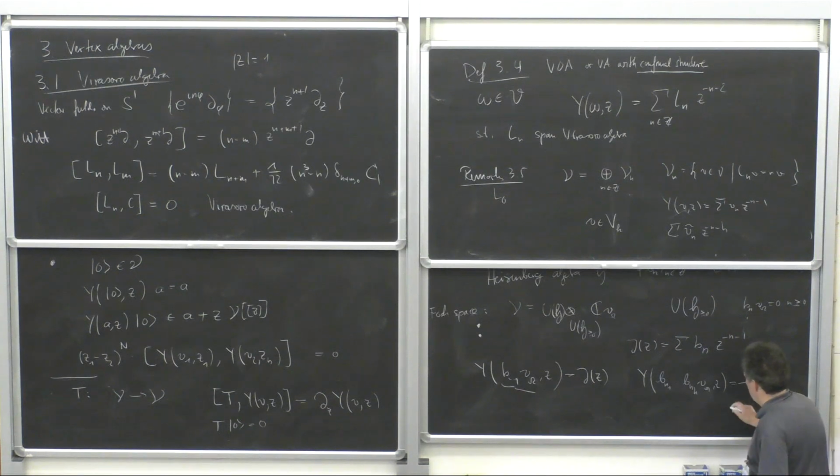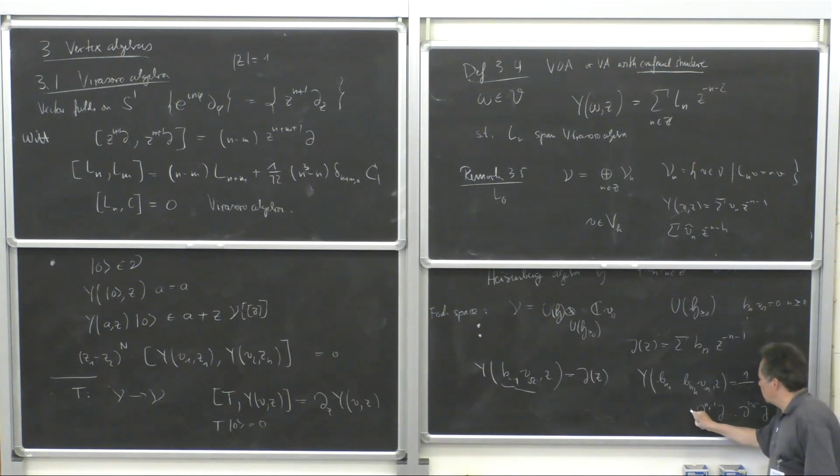You can now define this as (n1 minus 1)-fold derivative of j up to (nk minus 1)-fold derivative of j.